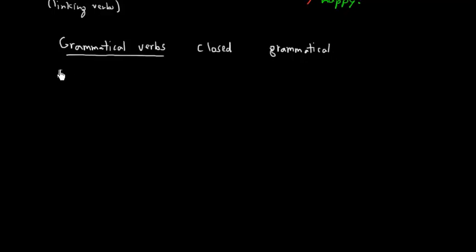Okay, the first group I want to discuss are the auxiliary verbs. We'll put a dotted line under them. And there are 3 of those: do, have, and be.